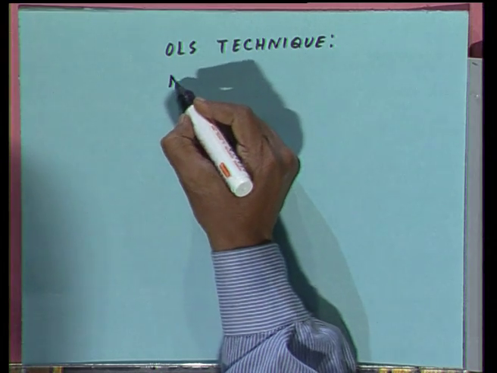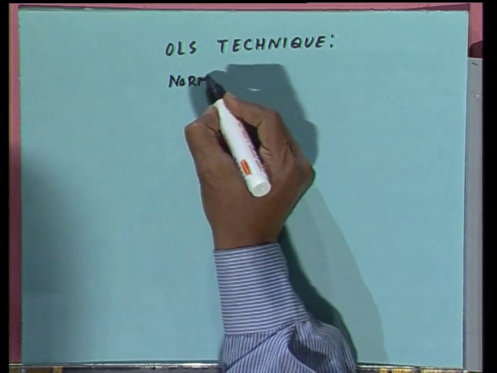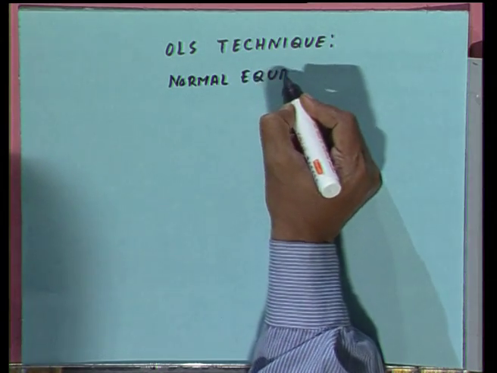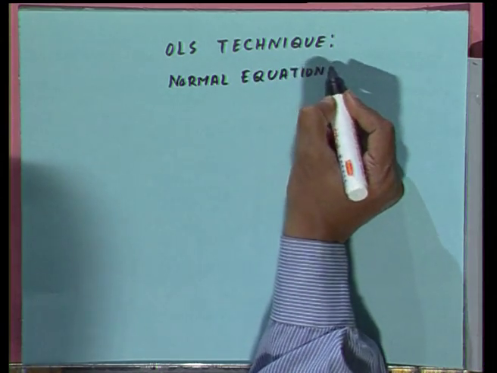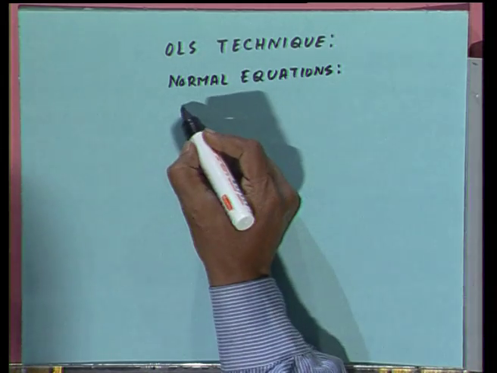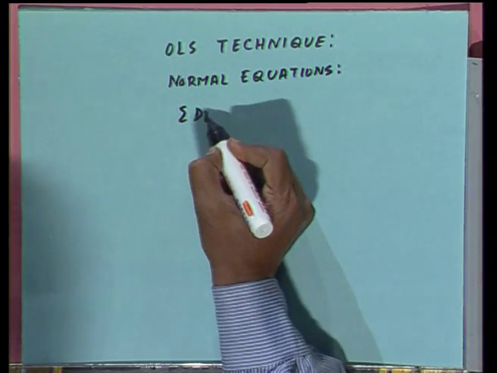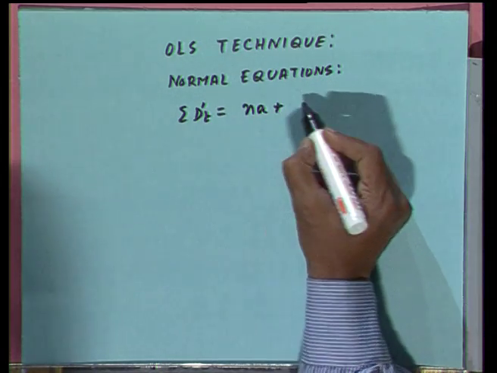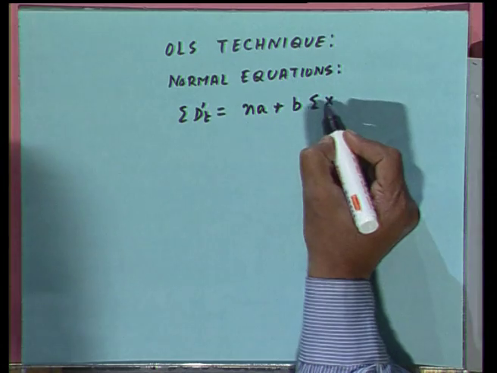The normal equations are, first one is again dt prime is equal to NA plus B sigma xt prime.